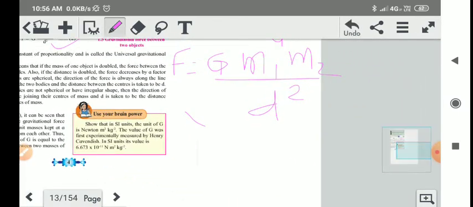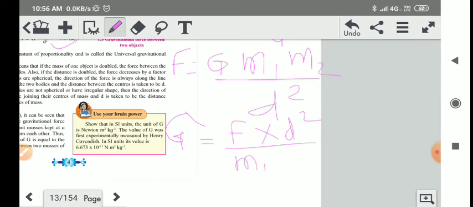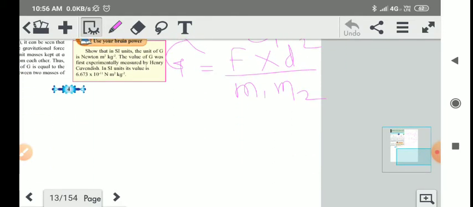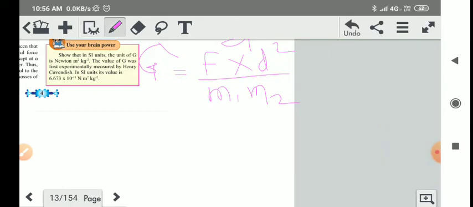For this, first we have to write the formula for the gravitational constant. So the formula for G: G is equal to F into d square divided by m1 into m2. Now here put the units of each term.